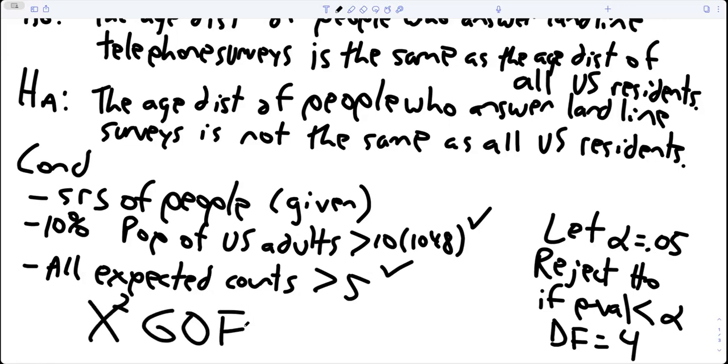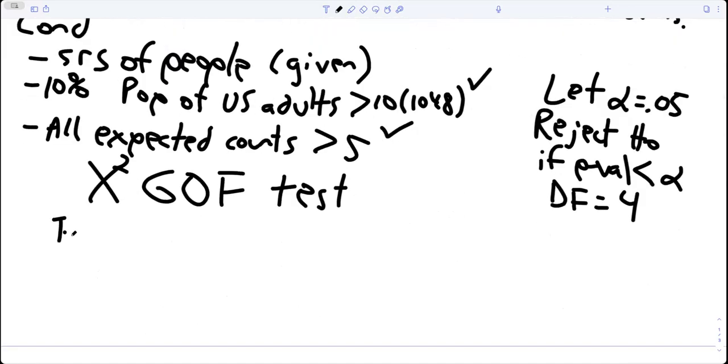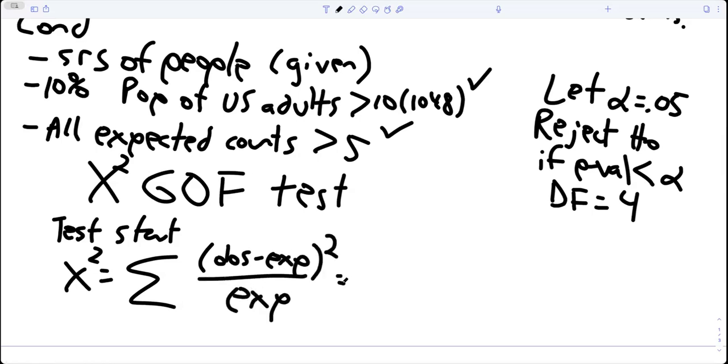Chi-squared GOF test. I'm going to set it up and then you can use your calculator. My test statistic is chi-squared equals the sum of the observed minus expected squared divided by the expected.